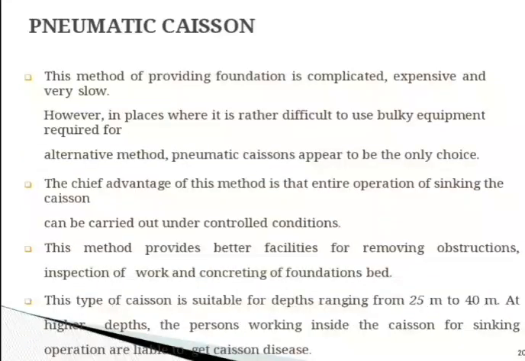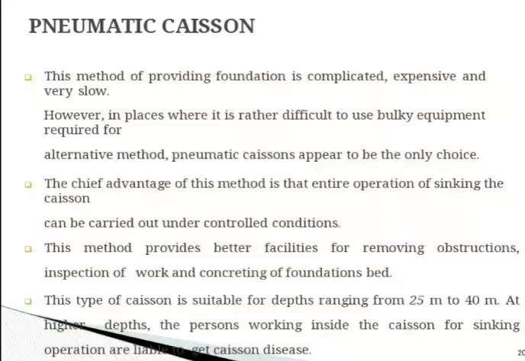Next, in this method, providing foundation is complicated, expensive and very slow. However, in places where it is rather difficult to use the bulky equipment required for alternative methods, the pneumatic caisson appears to be the only choice. The chief advantage of this method is that the entire operation of sinking the caisson can be carried out under controlled conditions.